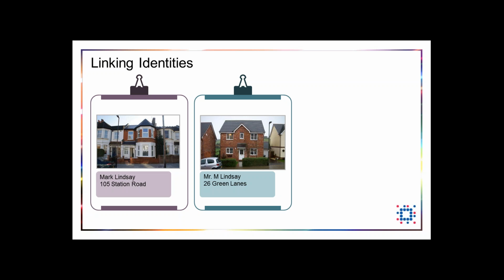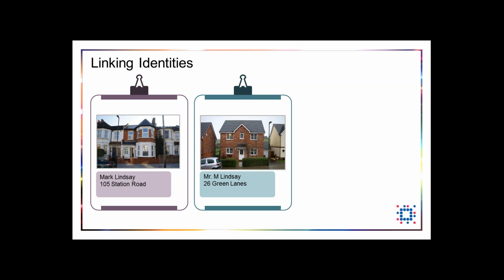Linkage at an address level is fairly straightforward, but do remember that you need more than technology to do it properly. So for example, if you take my two addresses here, Mark Lindsay at 105 Station Road and Mr. M. Lindsay at 26 Green Lanes, these may well be two records that you have in different databases in your organization today. How do you link them together?